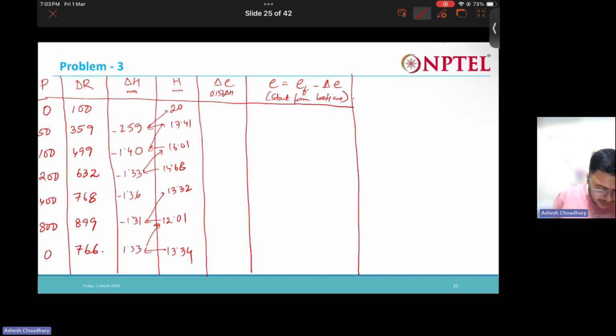Now what is delta E? 0.156 into delta H. So just multiply 0.156 with these delta Hs. So 0.156 into 1.33 is 0.207. This is plus. Then 0.156 into minus 1.31 is 0.204.